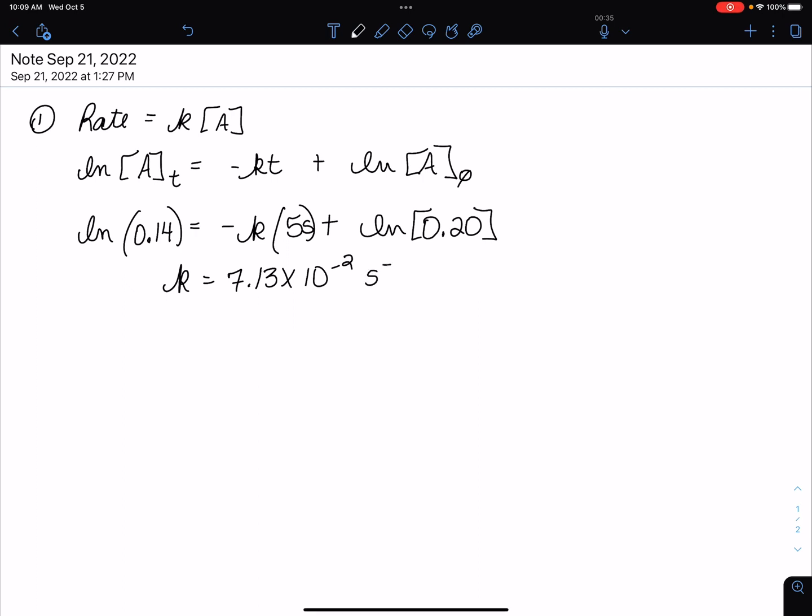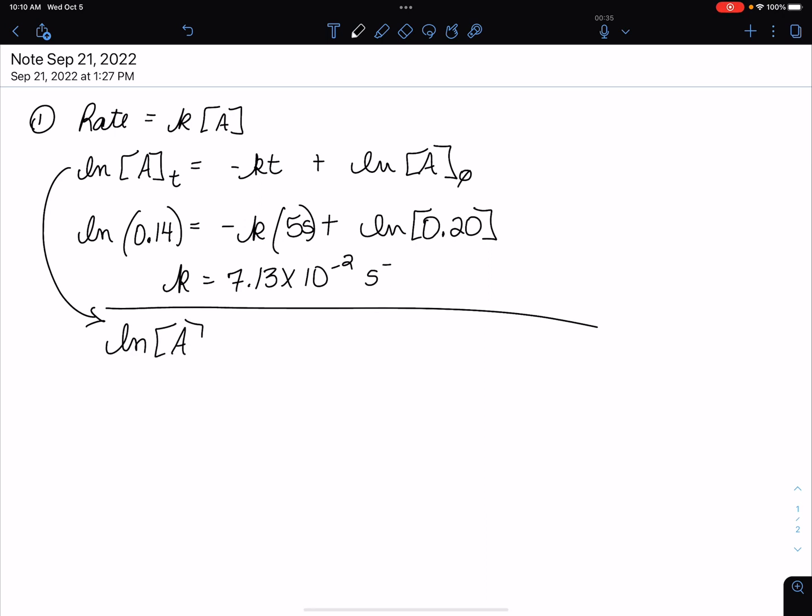Well, that's the K. It doesn't tell me the concentration of A after 40 seconds, but I can reuse this formula and say, well, the natural log of the concentration of A at 40 seconds is equal to negative K, 7.13 times 10 to the minus 2 s to the negative 1, times 40 seconds, plus the natural log of the initial concentration of A.